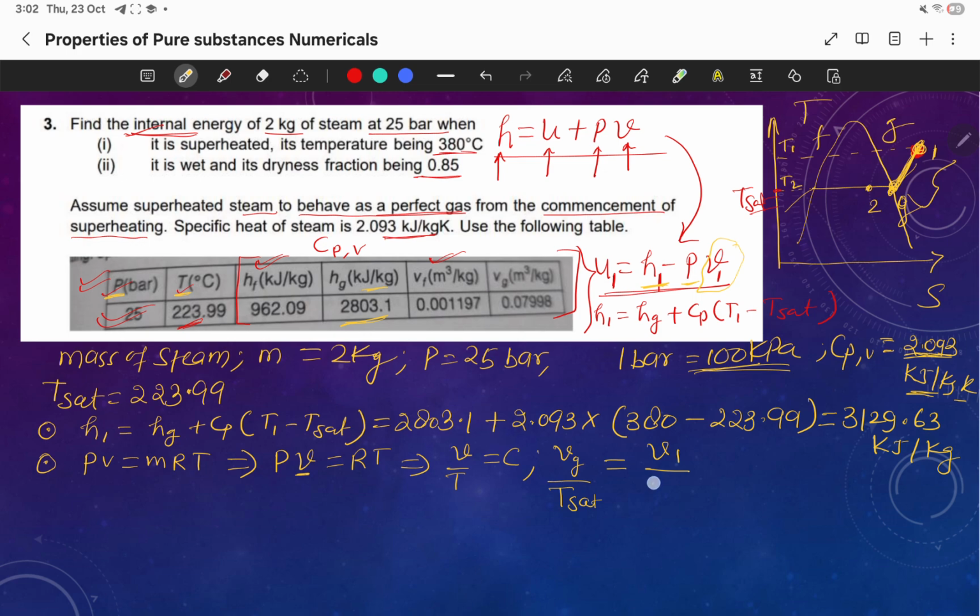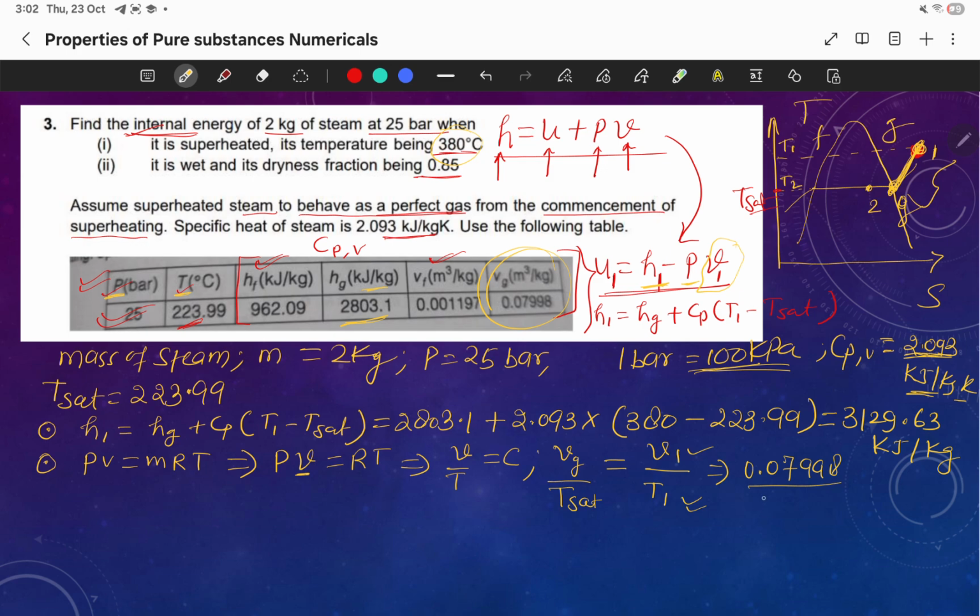V1 we have to calculate. T1 value, is it given in the question? Yes, T1 is given. VG is, let's see, 0.07998. It is given here, right?